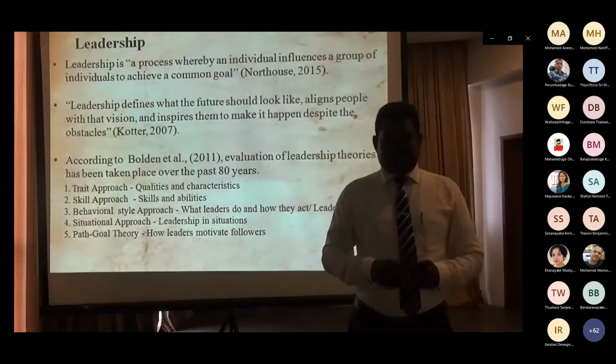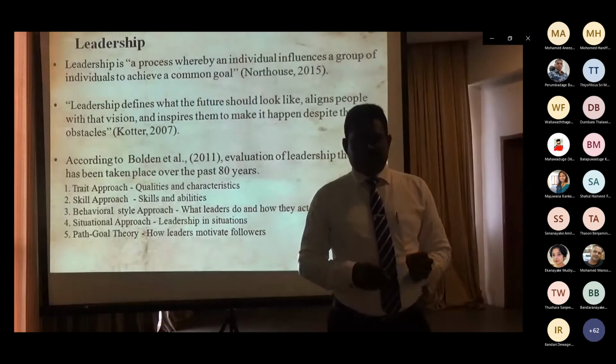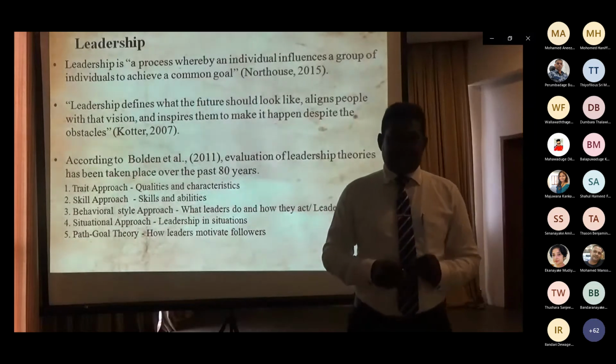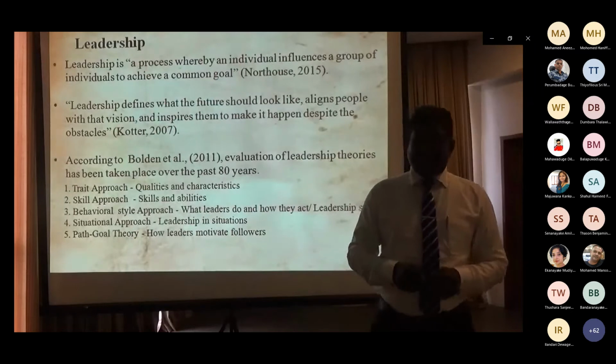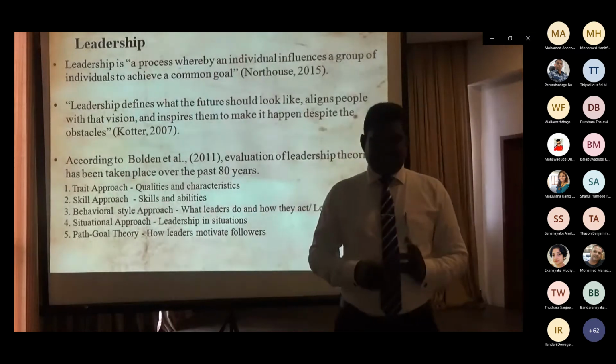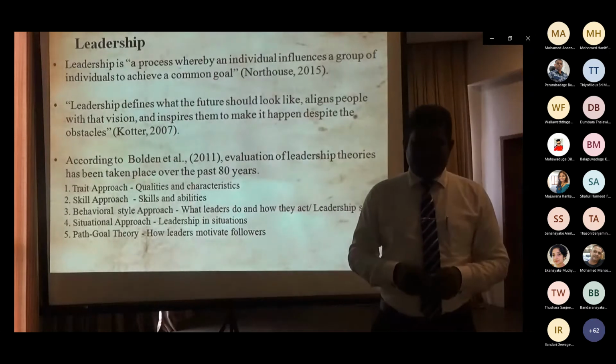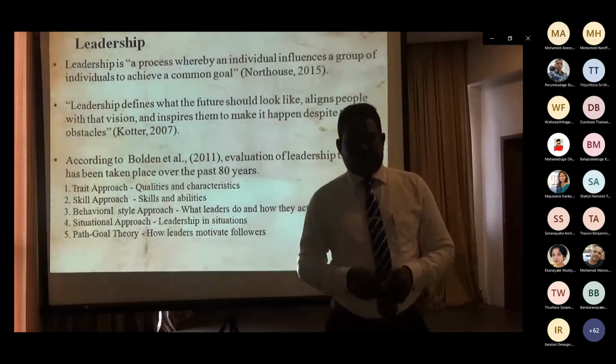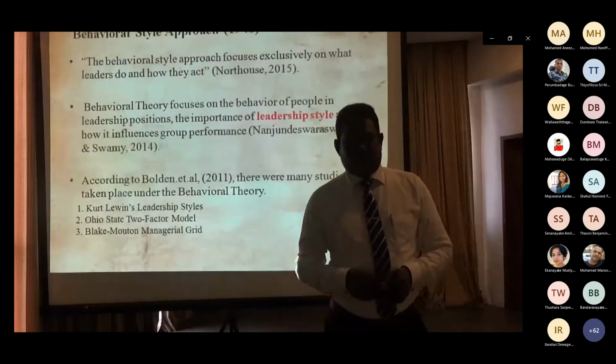According to Bolden et al. 2011, evolution of leadership theories has taken place over the past years. It talks about the trait approach, skill approach, behavioral style approach, situational approach, path-goal theory.